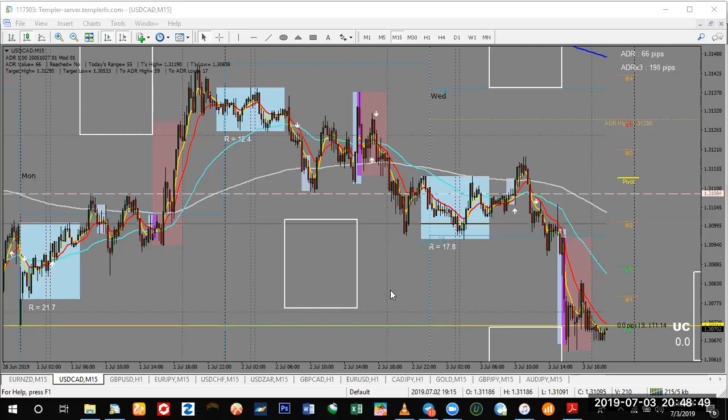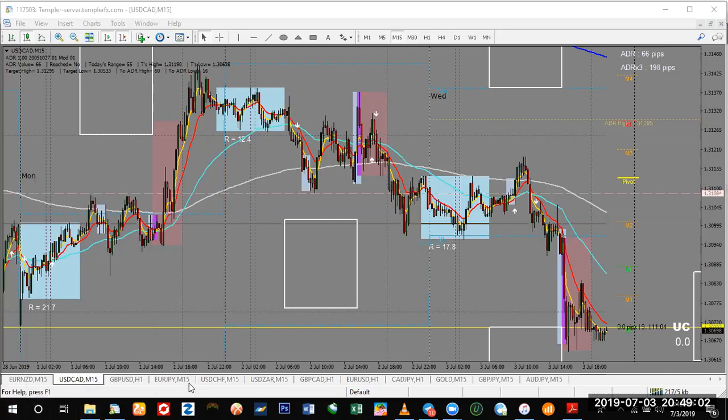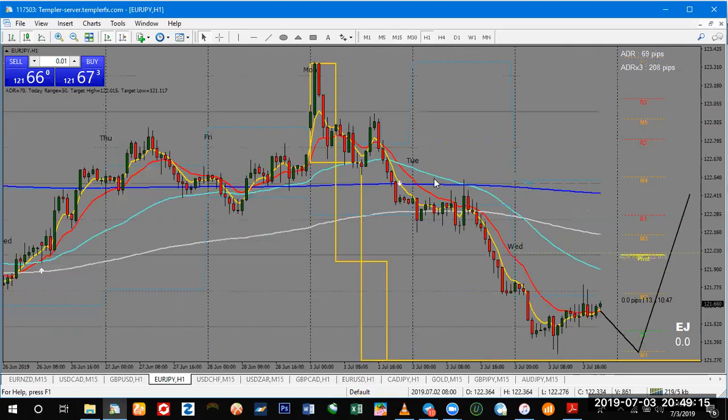So let's go to other uses of EMA. We have the ID 50. EMA can be used on a peak trade, which we call the ID 50. So what's the ID 50?